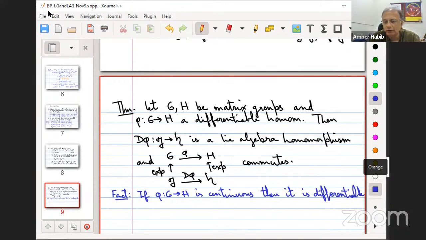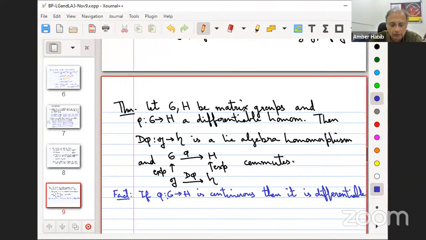It says if you have two Lie groups, matrix groups right now for us, and you have a continuous homomorphism phi between them. So this phi means not just any continuous map, it needs to be a homomorphism. Then in fact, it turns out to be differentiable. So all you need is continuity to begin with, and then the differentiability after that is automatic.